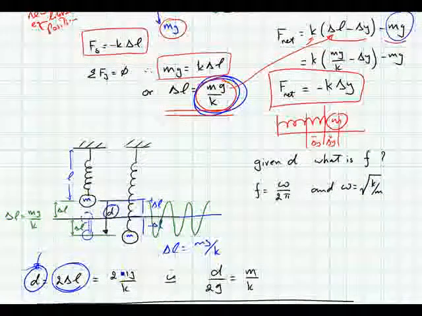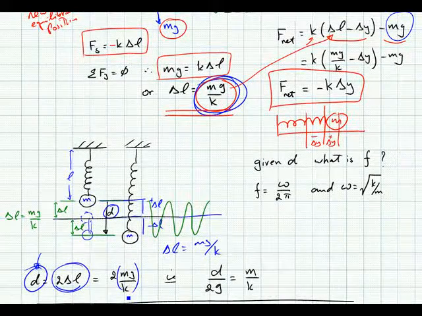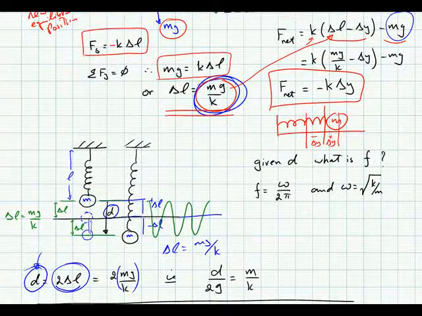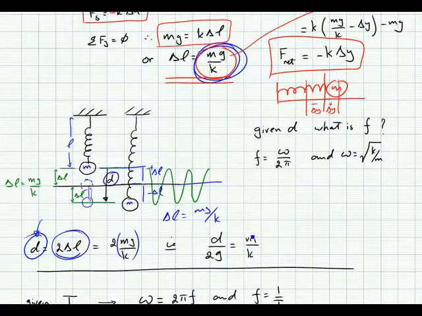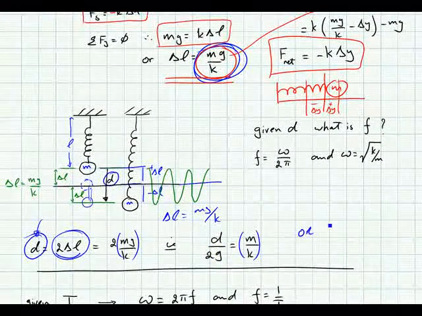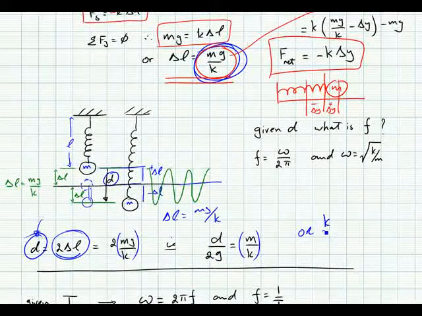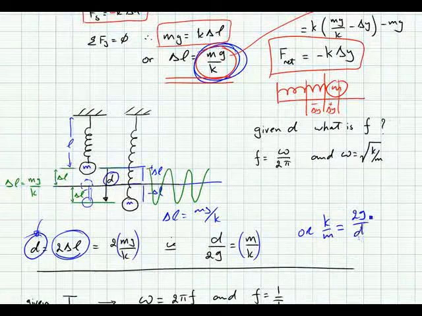That's the argument we had above, so we can substitute in for delta L. So doing a little bit of algebra, you can show that m over k is equal to d over 2g, or k over m is equal to 2g over d.